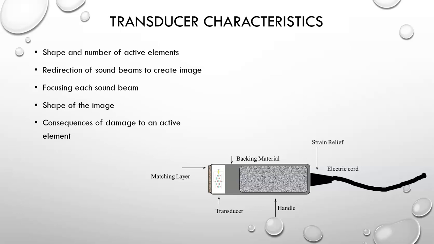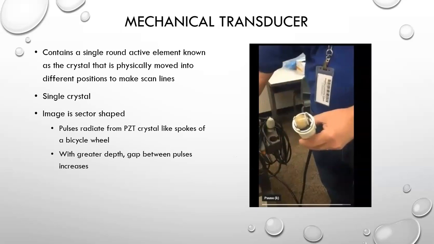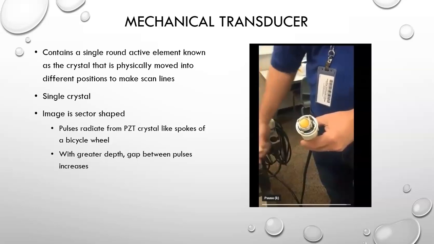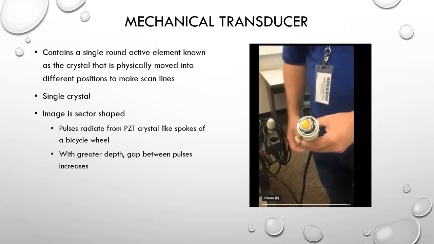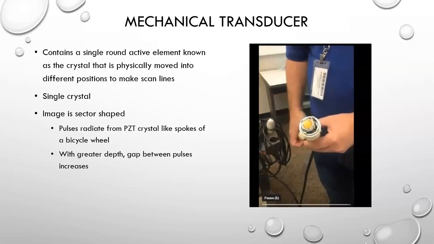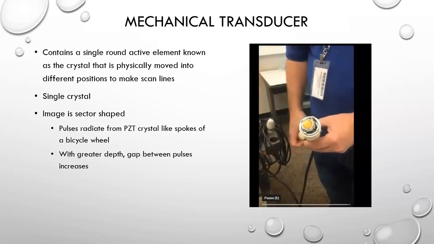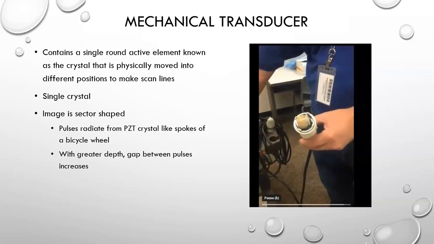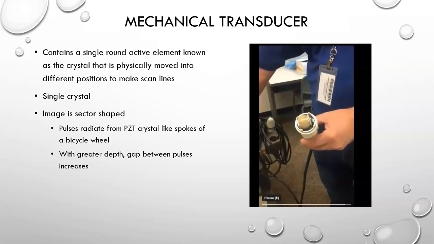With a mechanical transducer, the single crystal variety that we discussed, an active element known as the crystal is physically moved into different positions to make scan lines. On the video to the right, you can see me spinning a single element transducer around, and that is what creates the sector shape.